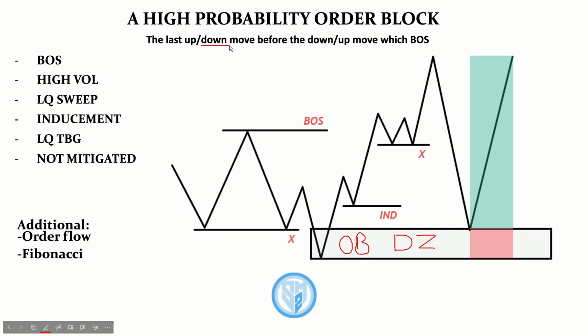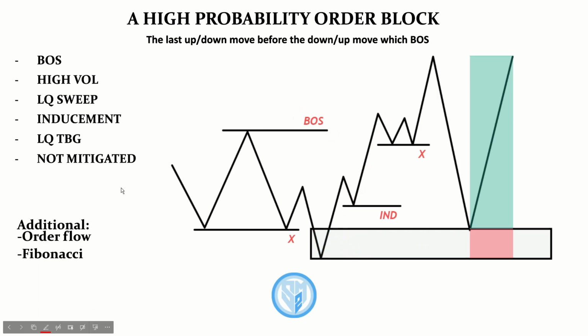So in this case, we'd be looking at this and this, right? This movement right here is the last downwards movement before the upwards movement which causes a break of structure. So using this definition, this would be the last down move before the up move which caused a break of structure, right? It's as simple as that.